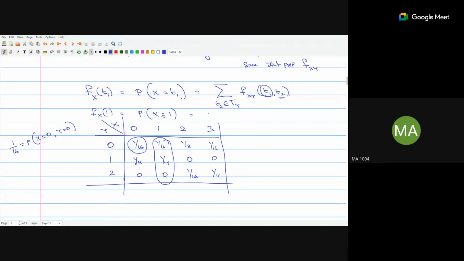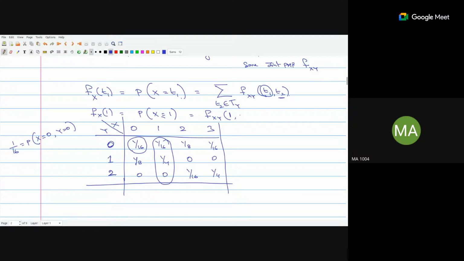So that will become like this, f_XY of this 1 will stay constant, and throughout the range I will sum up all the joint probabilities. So t2 will vary now. t2 belongs to the range of Y, and the range of Y is 0, 1, and 2.